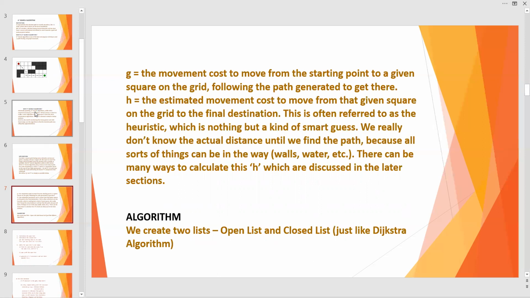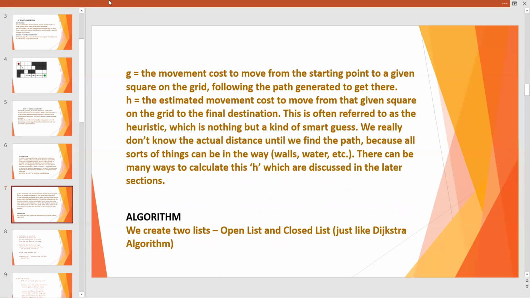This is often referred to as a heuristic, which is nothing but a kind of smart guess. We really don't know the actual distance until we find the path, because all sorts of things can be in the way: walls, water, etc. There can be many ways to calculate this h, which are discussed in the later section.